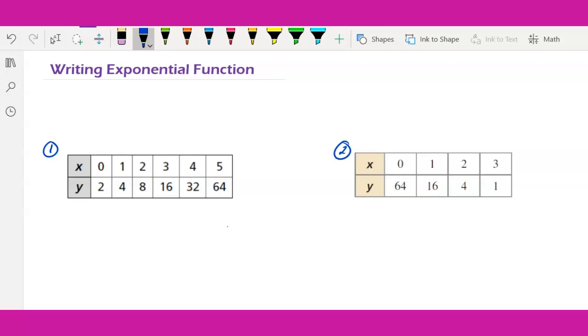Writing exponential function. Well, an exponential function takes the form y equals a times b raised to the x, or f of x is equal to a times b to the x. Now, first of all, you need to find what is a.